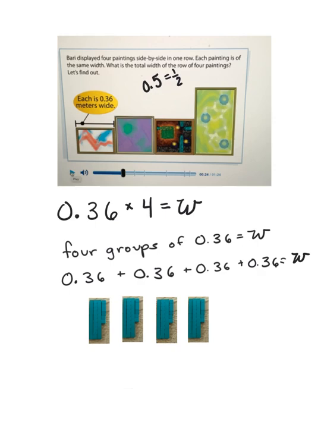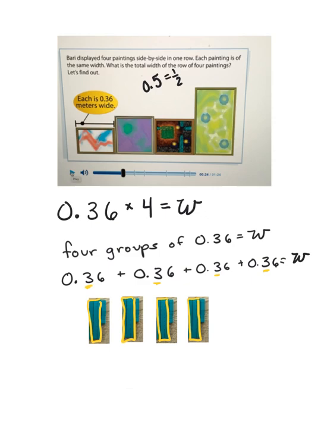Let's first focus just on our tenths. We've got 3/10 plus 3/10 plus 3/10 plus 3/10. Let's bundle those up together and see what they look like when we put them all together. So I've got 3/10, 6/10, 9/10, and 12/10.